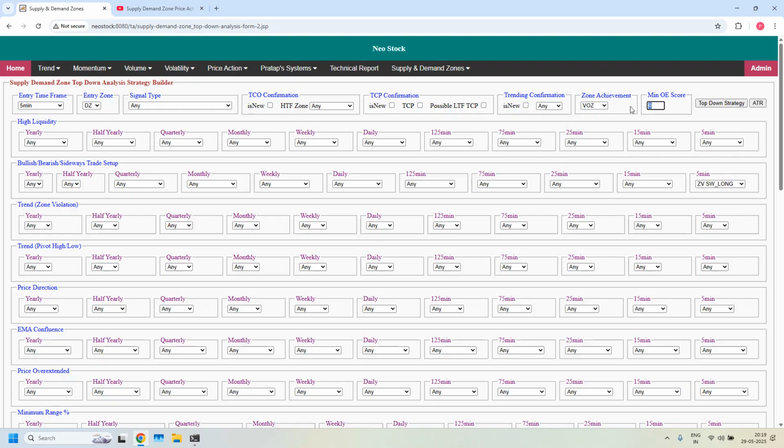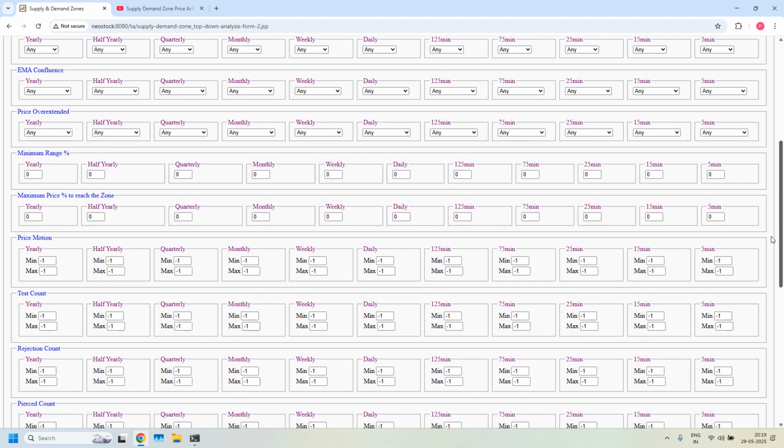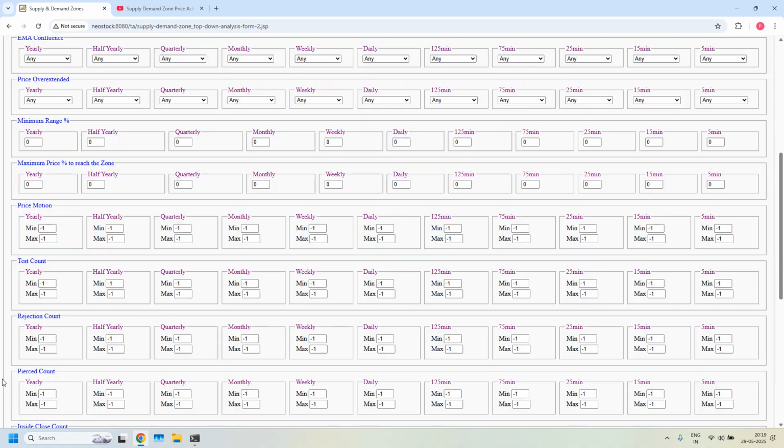Minimum odd enhancer score should be 11 for sideways trade setup, and also the 5 minutes demand zone should not be pierced. So in the pierced count at 5 minutes time frame, minimum value 0, maximum value 0.